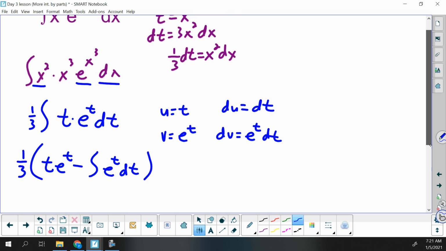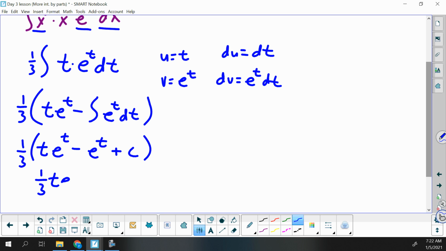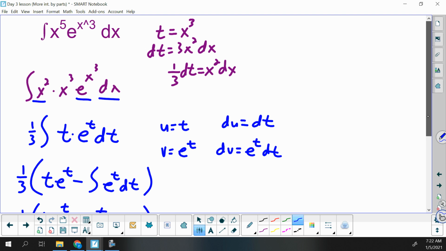And that's something that's pretty easy. The antiderivative of e to the t is just itself. So we'll have t e to the t minus e to the t plus c. We can distribute that 1/3 through now. Now a third times a constant is still just some constant. But we need to keep in mind that the original variable in the integral was x.